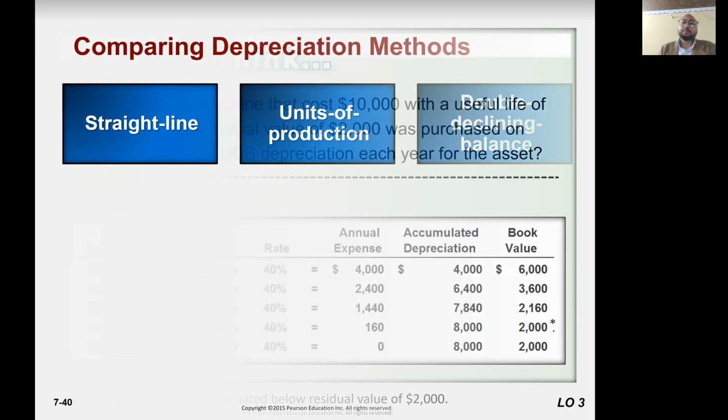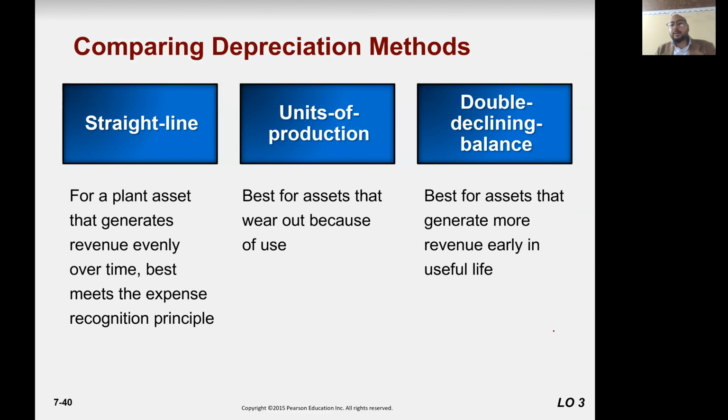All right, well done. So if we compare the methods here, remember which method best serves which purpose. Straight line serves those plant assets which generate revenue evenly. The unit of production method is used for assets that wear out the more we use them, for example machinery, production plants, cars, vehicles.